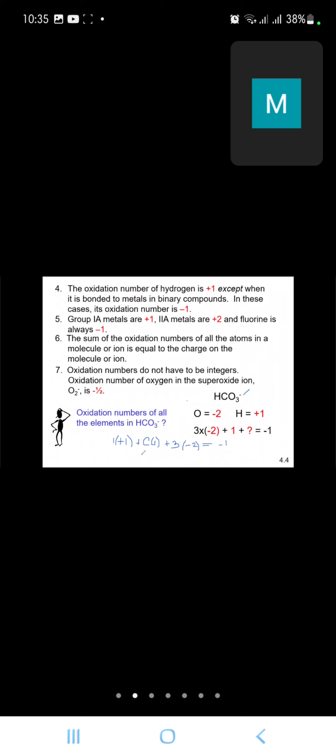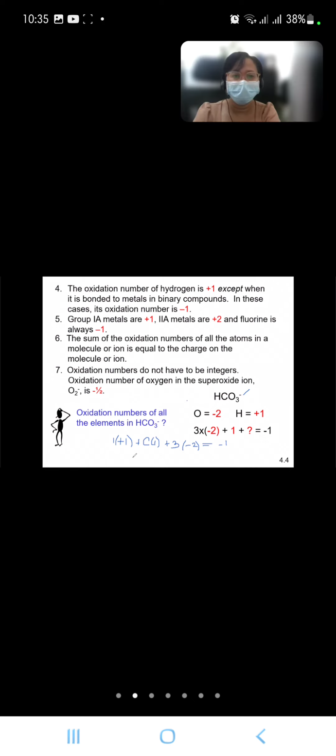Okay, so 1 times +1 is 1, plus C times 1 is C, then 3 times -2 is -6, equals -1. We are looking for the oxidation state of carbon.